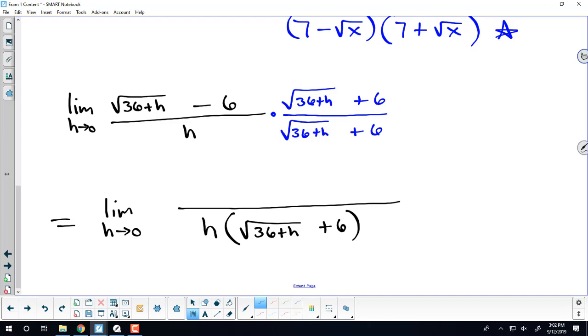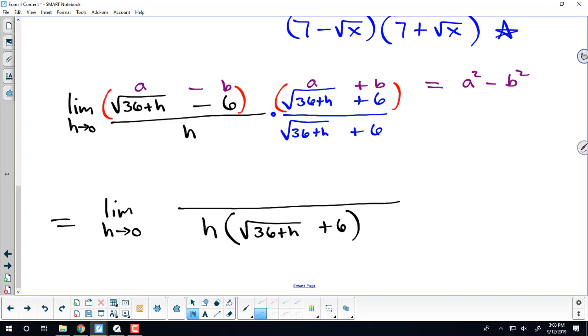The numerator now is the difference of squares. So we have this thing times this thing. That's our a minus our b, and this is an a plus b. So that's a squared minus b squared.